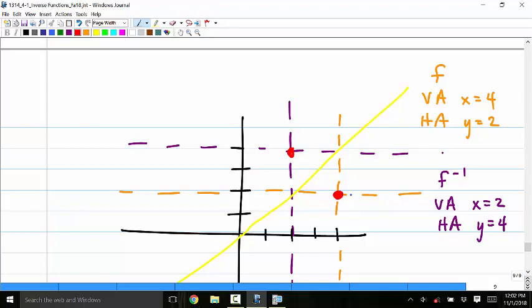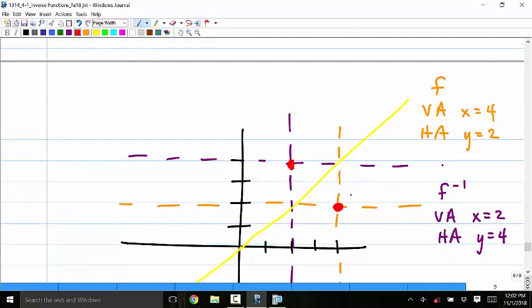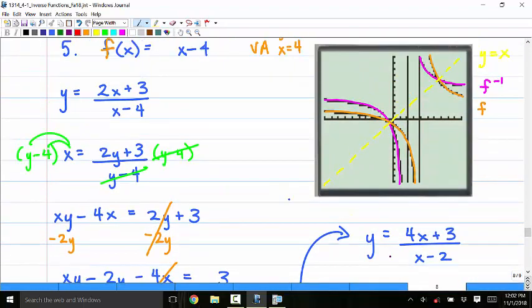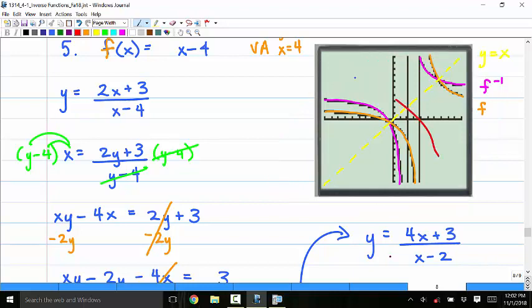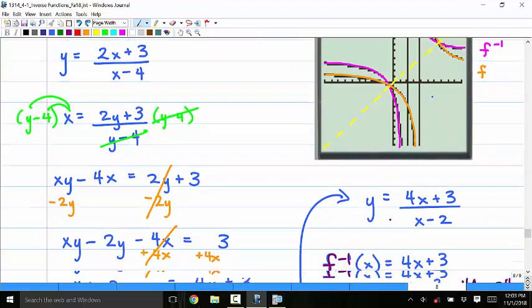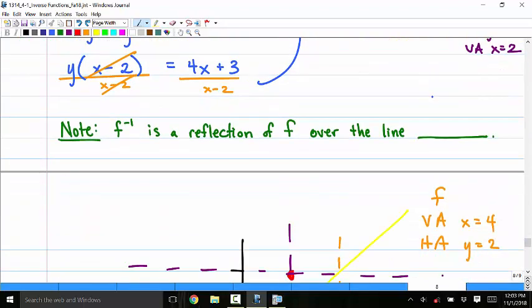That's the big take-home message here. I know this is a very messy graph, but do you see the symmetry? Look at just this little piece down here. It's symmetric over that line y equal x. Okay, the last green says f inverse is a reflection of f over the line y equal x.